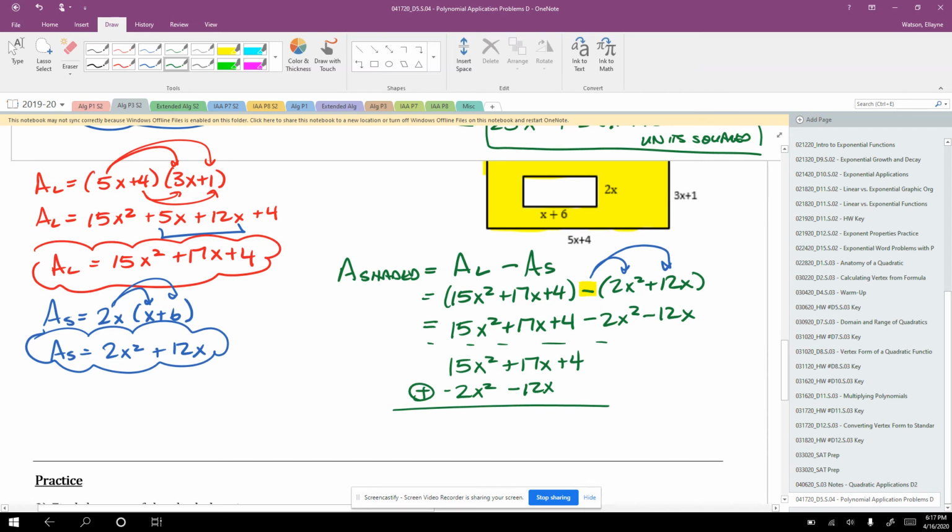So 15 plus negative 2 is going to give me 13x squared. 17 plus negative 12 is going to be positive 5x. And then 4 plus 0 is just plus 4. So 13x squared plus 5x plus 4. Add on just units squared, and we're good. Okay, try the last one on your own.